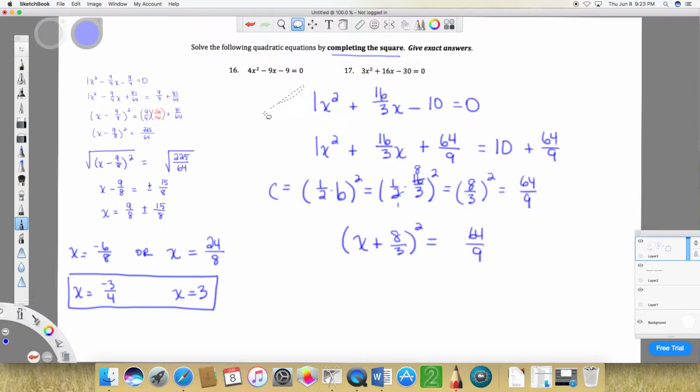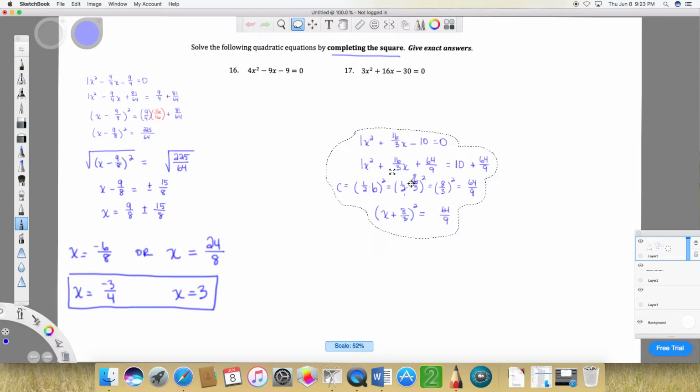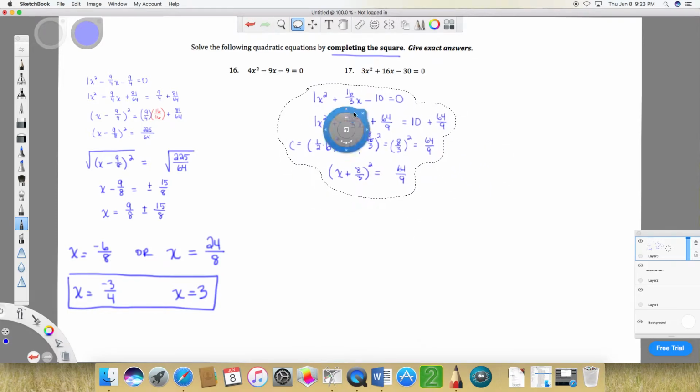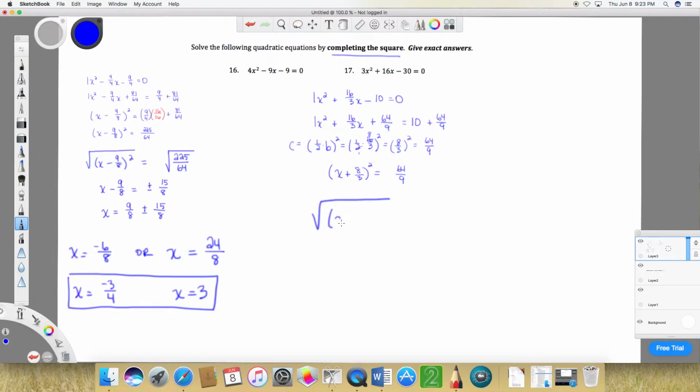Now, since that's a perfect square, we can take the square root of each side. So if I take the square root of the left-hand side, to balance the equation, I have to take the square root of the right-hand side.